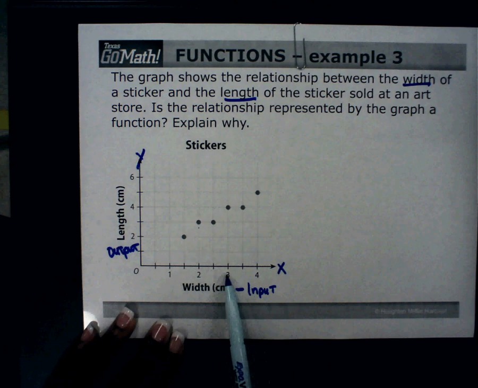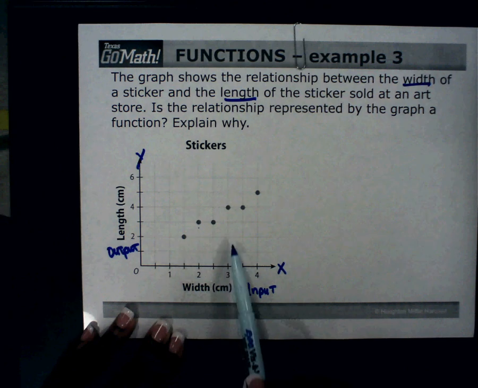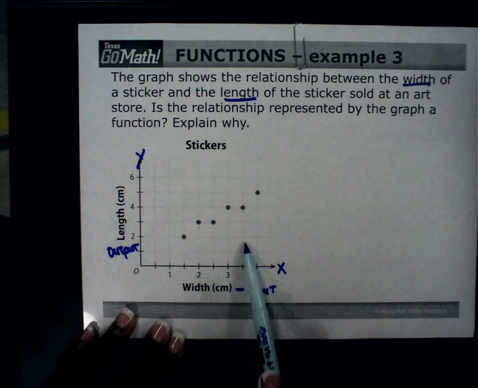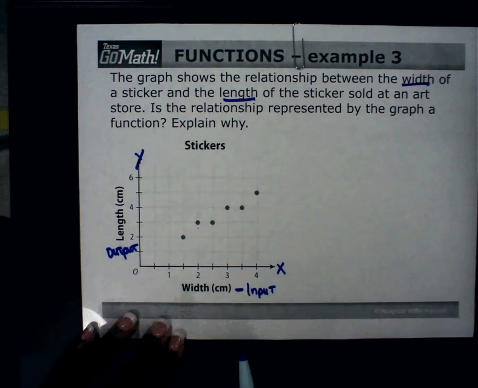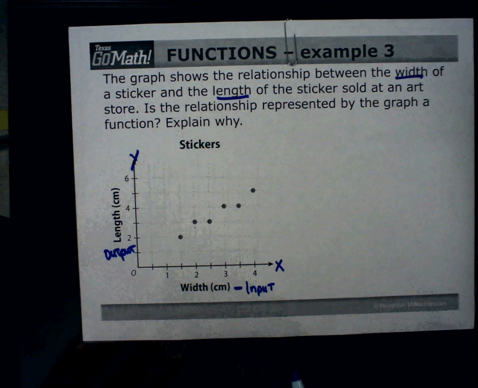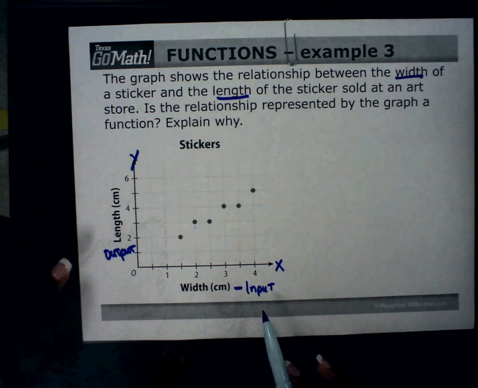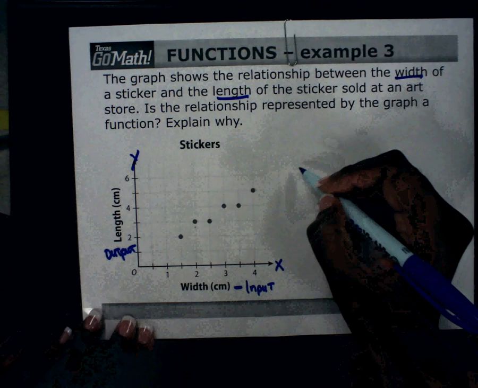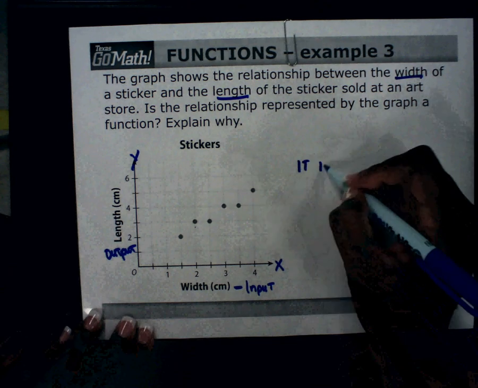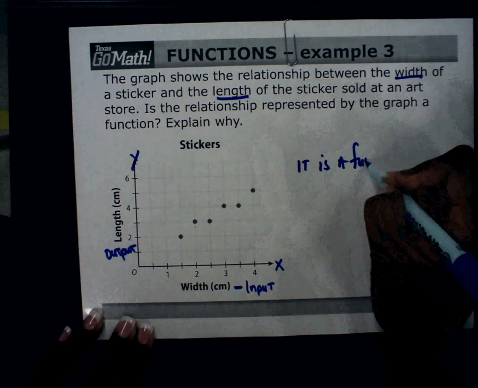And we do the same thing for 3. There's only 1 output value. 3.5, the same thing. 4.5, the same thing. So for every input, there's only one output, or it's a one-to-one relationship. And therefore, it is a function.